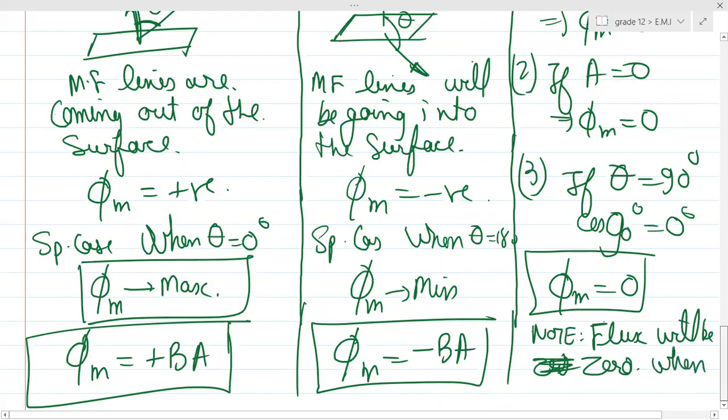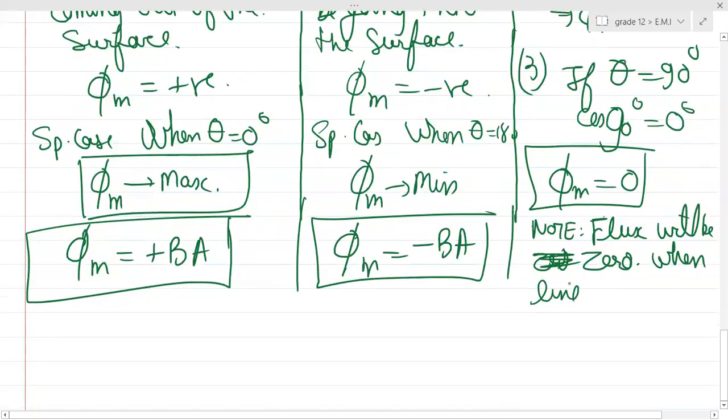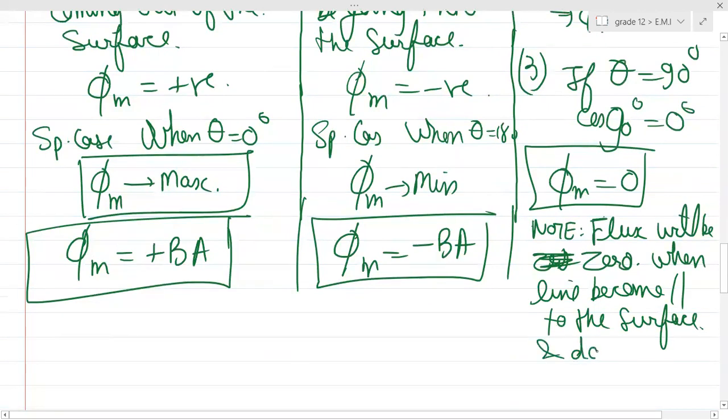The field lines become parallel to the surface and do not penetrate the surface.